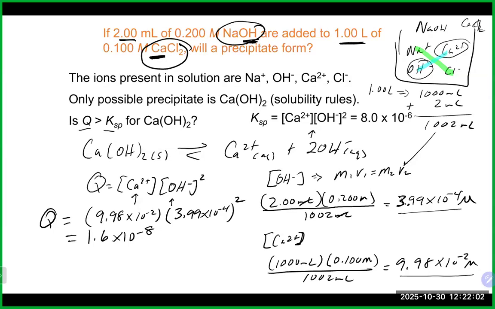Okay. So now we have the Q, and obviously we have the KSP from the table. In this case, Q versus the KSP. Q is actually less than the KSP. Again, minus 8 versus minus 6, right? So because Q is less than the KSP, the reaction goes opposite the way, it points towards the product side.